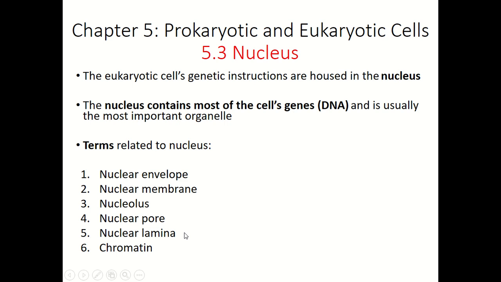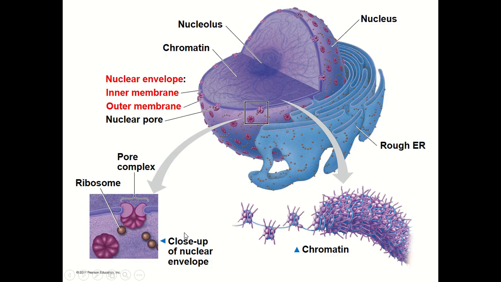So let's look at what it looks like. The inner core of the nucleus is known as the nucleolus. We have the chromatin here, and it is wrapped by the nuclear envelope that consists of an inner membrane and also an outer membrane. And also we have a nuclear pore here.